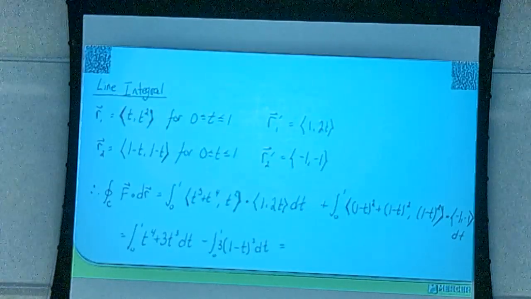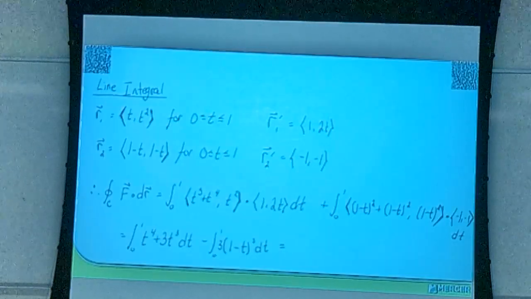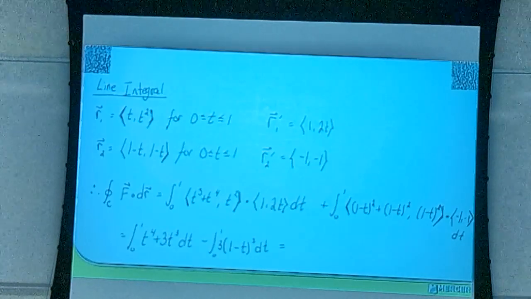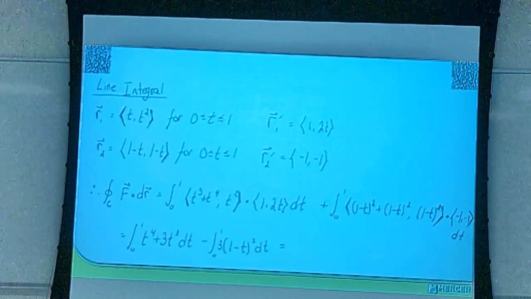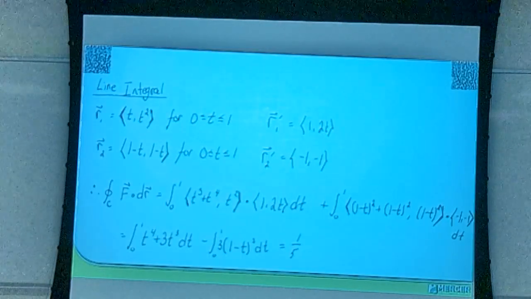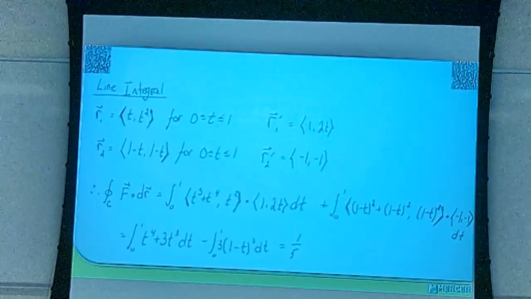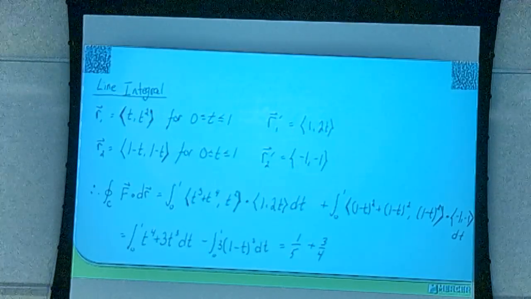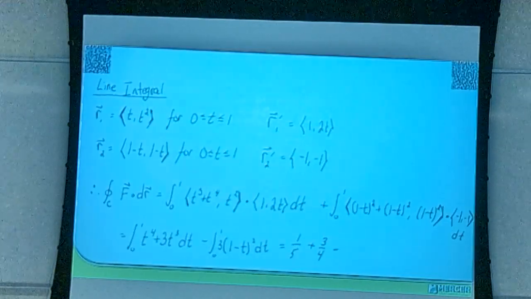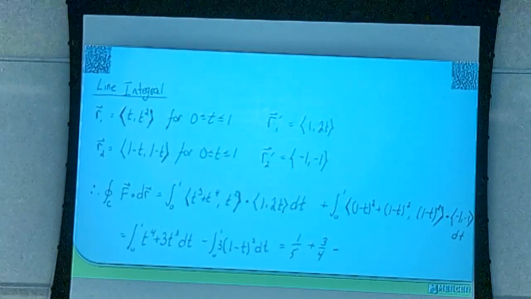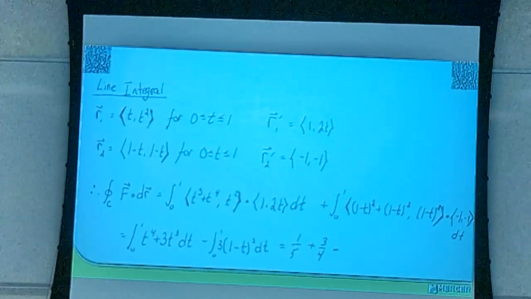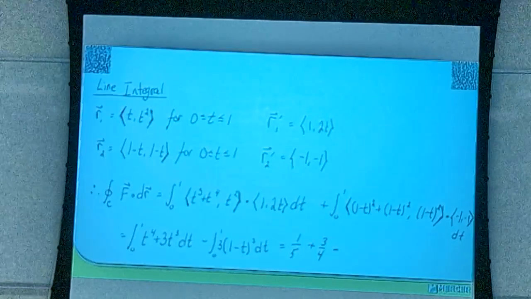Now it's just a matter of evaluating those two integrals. t to the fifth over 5 from 0 to 1 is 1/5. 3/4 t to the fourth from 0 to 1 is just 3/4, right? Then it's going to be minus, that's going to be what?